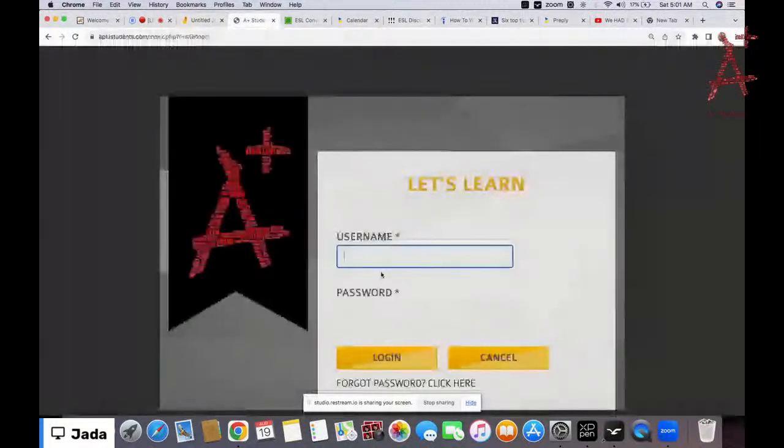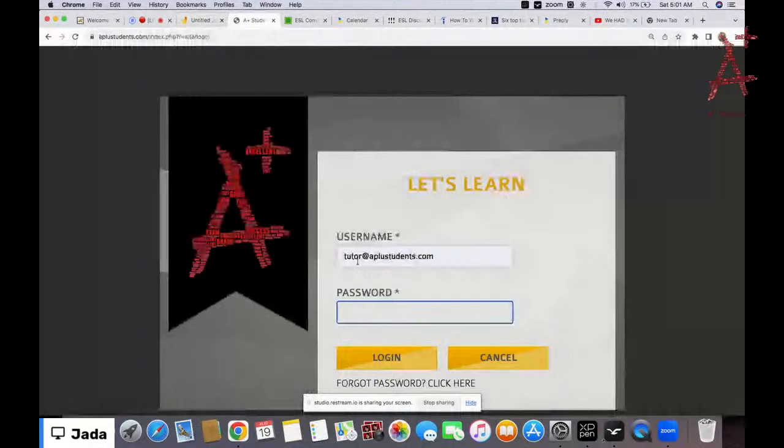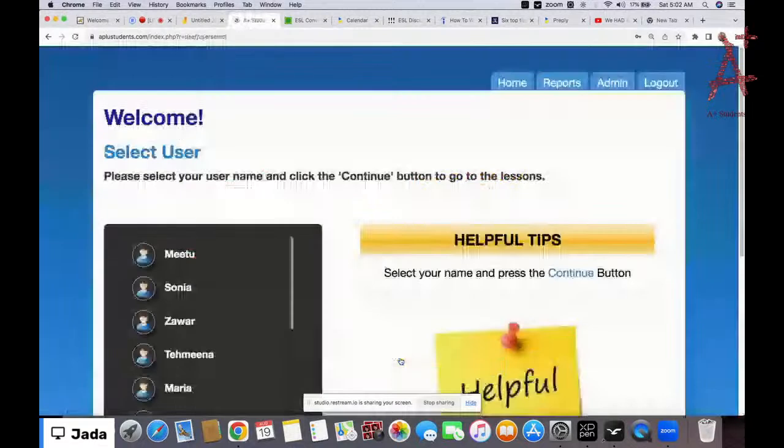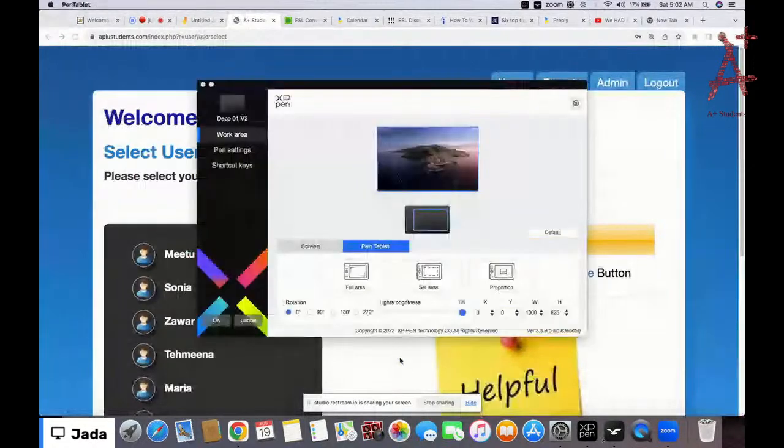I'm just going to log in. You scroll down around here and you're going to see the names. As you can see, these are the names.